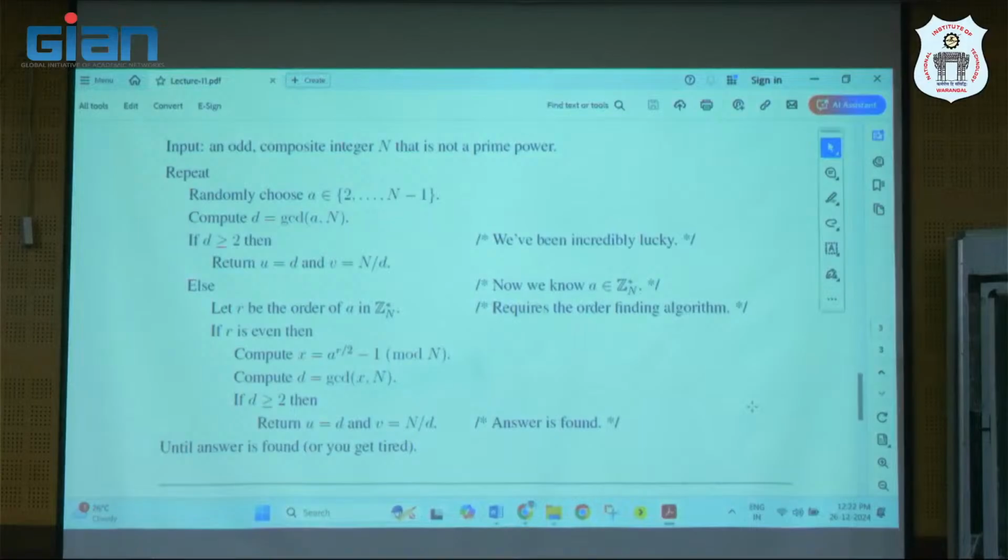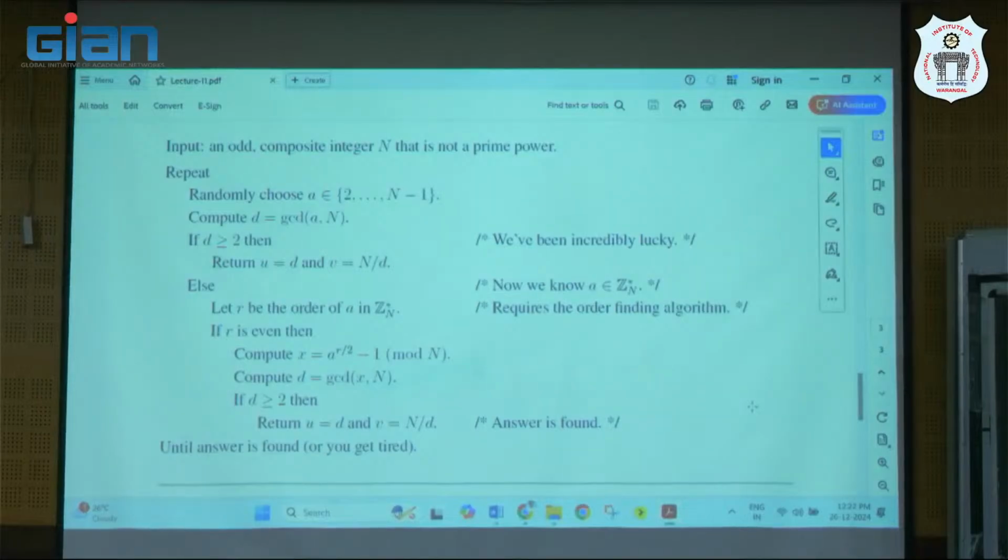There is some number theory involved here. Firstly, let us look at the algorithm. What is the algorithm? Input an odd composite integer n that is not a prime power. Firstly, remember we are trying to do factoring, right? We are given a capital N number. If it is even, it is easy to find the factor.